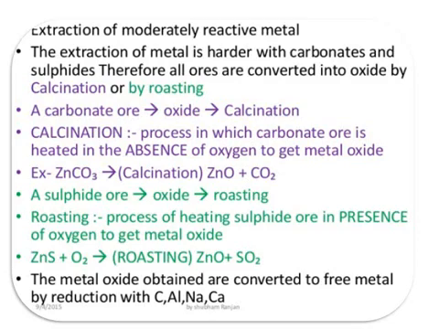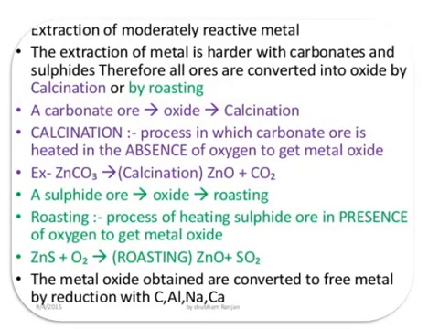These sulfides or carbonates are first converted into oxides because it is easy to extract metals from oxide ores than from sulfide or carbonate ores. Sulfides are converted into oxide by roasting, and carbonates are converted into oxide by calcination.